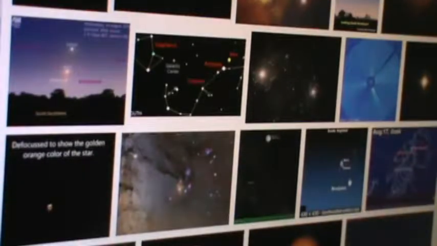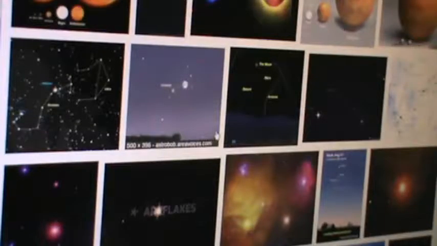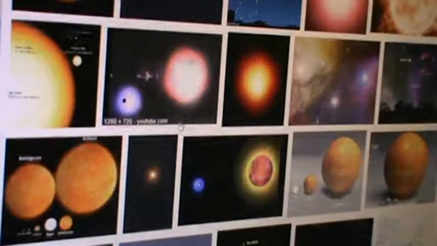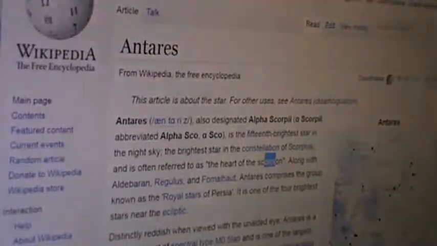Yeah, so Scorpius is a name of a star. Apparently it is.